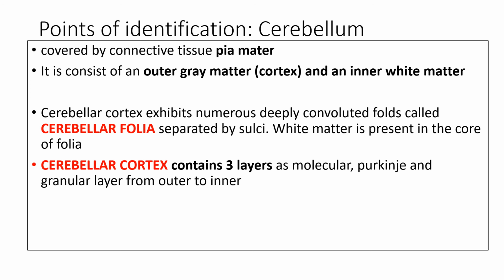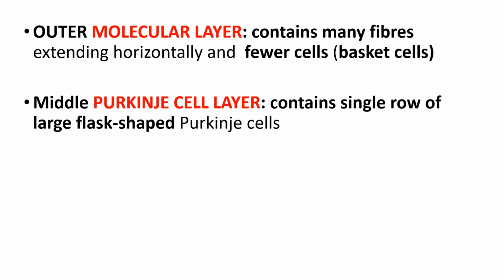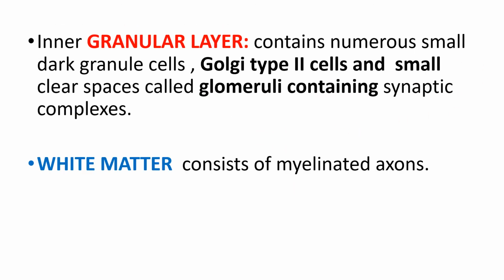So the outermost is the molecular layer, which contains fibers extending horizontally, and in the deeper part of the molecular layer we have the basket cells. The Purkinje cell layer contains a single row of flask-shaped cells.